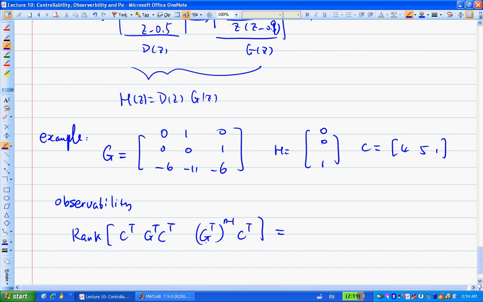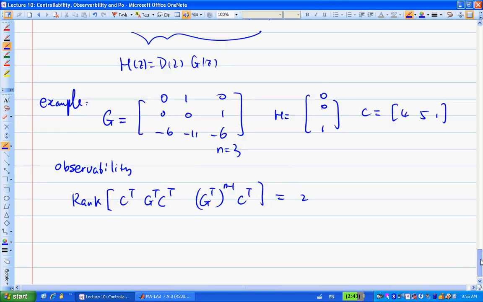If you check this rank, this is a 3 by 3, so n here is 3. The rank here is actually not 3, it is actually 2. So rank is 2, which basically means it's not observable. In other words, the system is not completely observable.